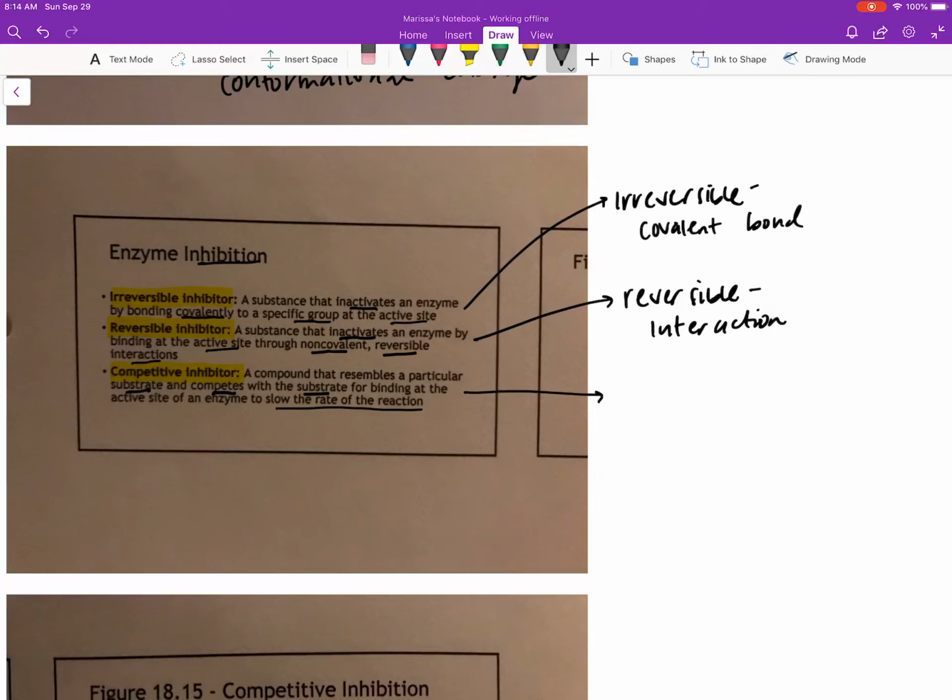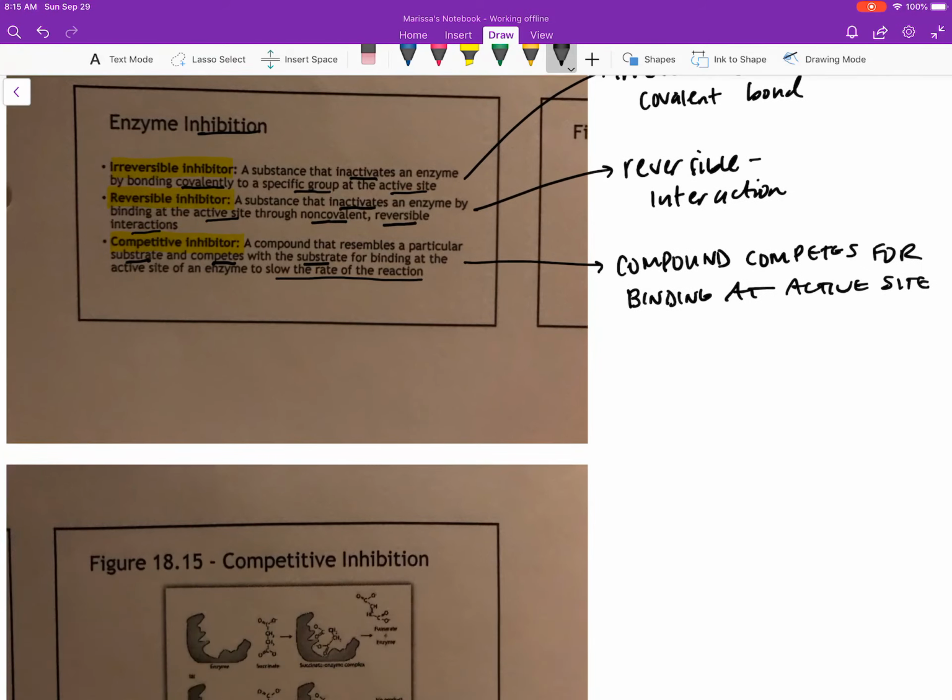In this case, you have a compound that is competing with a substrate for the active site on the enzyme, and because it's competing with our substrate, it's going to slow the reaction because of that competition.